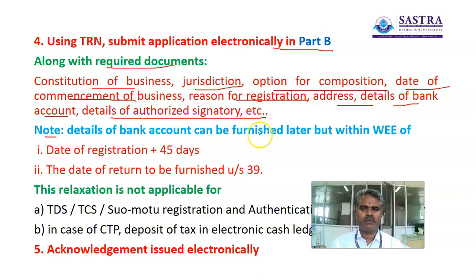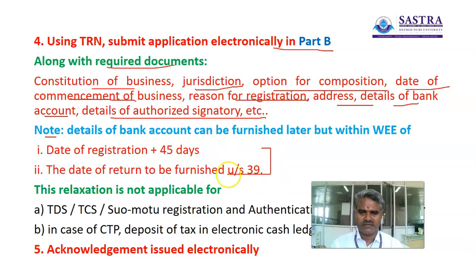Okay, the note. Details of bank account can be furnished later, but within whichever is earlier. You need not give the details of bank account immediately, but it should be submitted by the following: date of registration plus 45 days, or date of return to be furnished under Section 39.